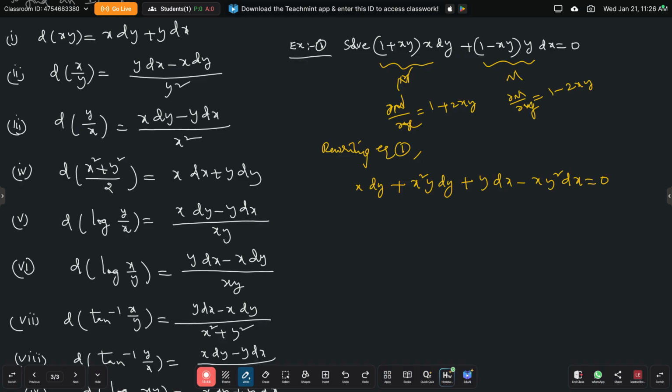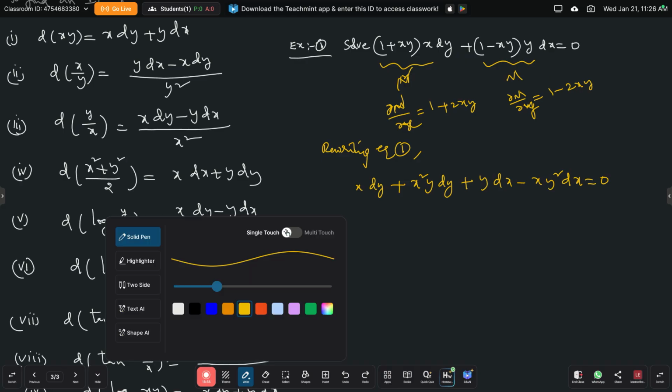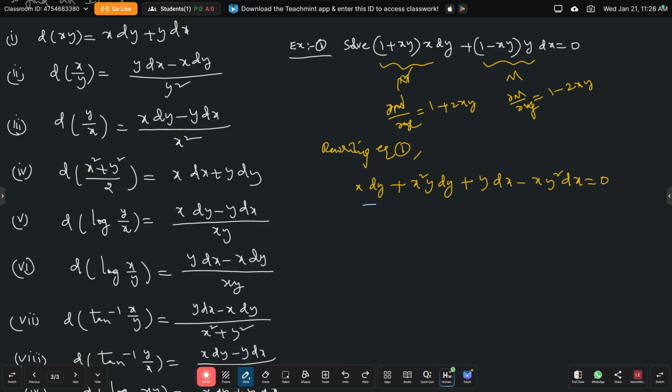Now let us combine these two terms over here, x dy plus y dx, because d of xy, one rule is there available for us. This term and this term, we will combine these two.